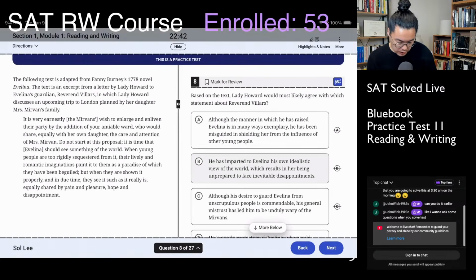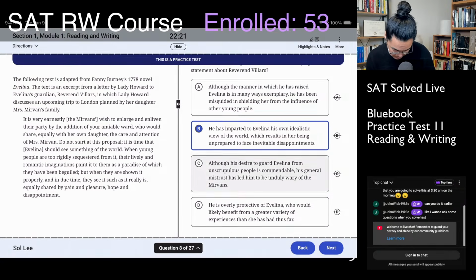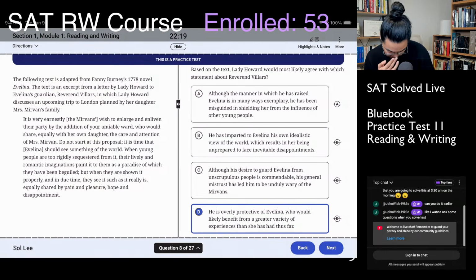Okay, cool. Agree with which statement about Villiers? This is a letter to Villiers. I guess the main thing is that Villiers is sequestering young people. He's protecting Evelina. And B is maybe, but D is more direct, and that's my prediction.